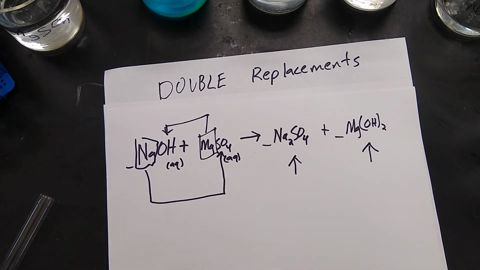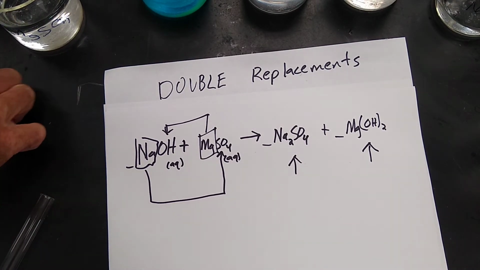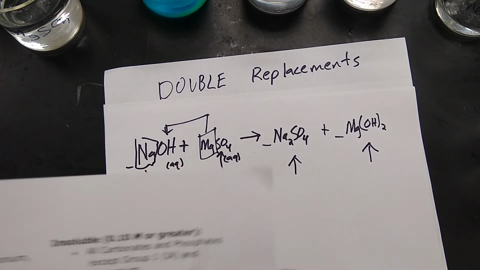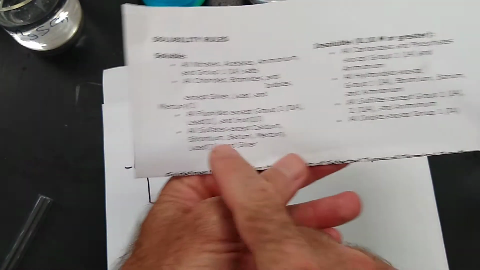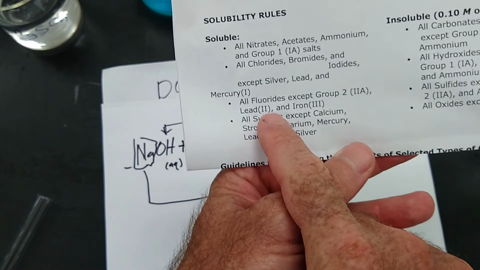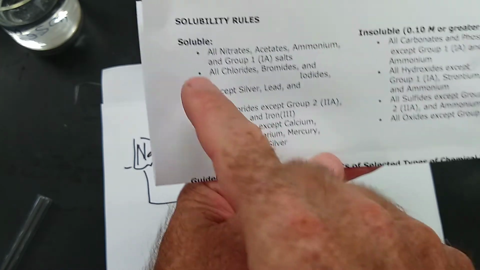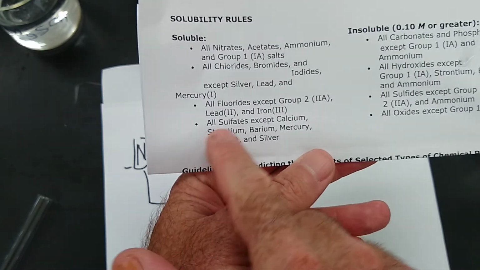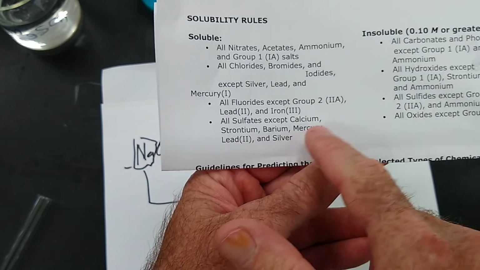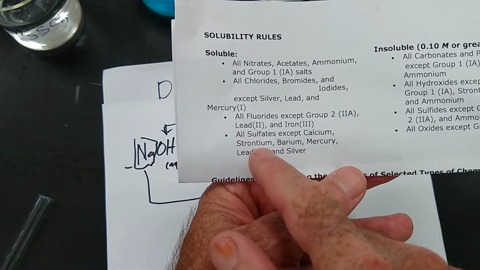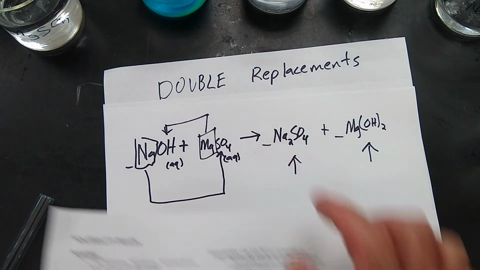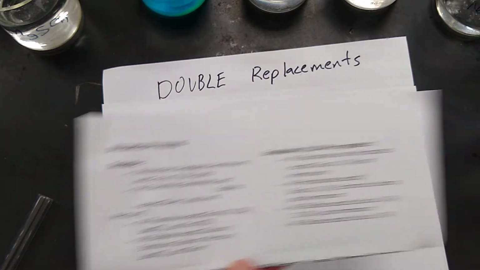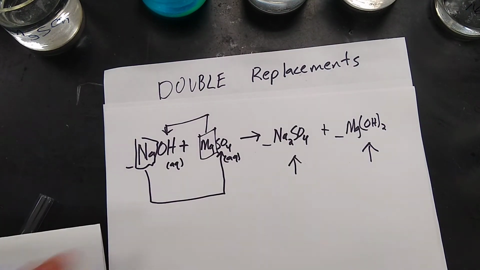First thing, we'll look at sodium sulfate. All sulfates are soluble except calcium, strontium, barium, mercury, lead 2, and silver. So this is sodium sulfate. It is soluble. Okay, good.